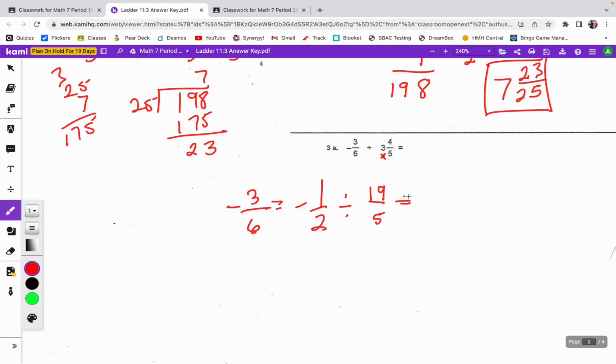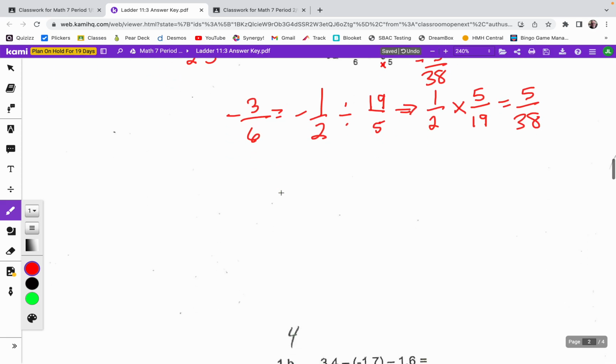And that is the same as 1/2 multiplied by 5/19. So that is 5/38, and we know the answer is negative, so it's negative 5/38. Okay, that's it for step 3.